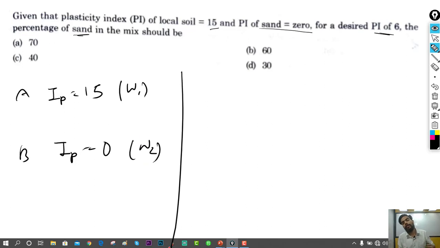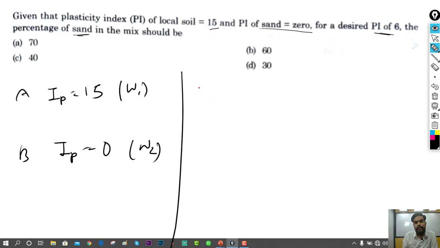Guys, remember the formula of composition. The addition of different compositions is always equal to 100% or 1.